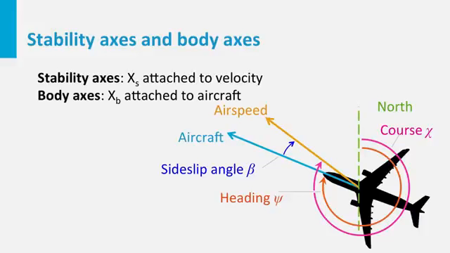But if we look at our heading, it's the angle between the body axis and the north. And if there's a side slip, then it's different. And then you can see from this figure that the heading is basically the sum of the side slip plus the course, because we have defined the side slip in such a way that when the air is coming from the right, starboard side from the aircraft perspective, then we have a positive side slip angle beta.